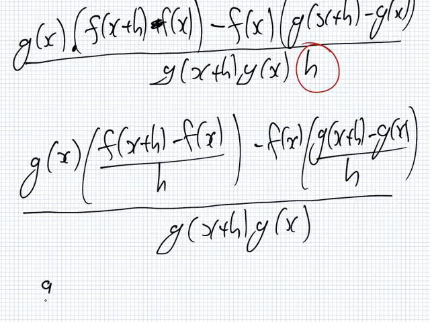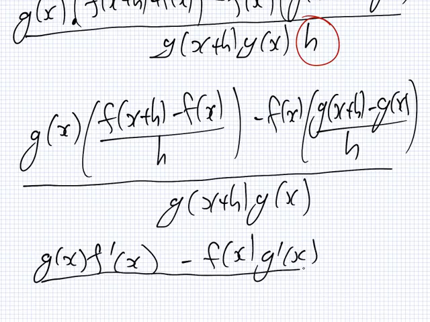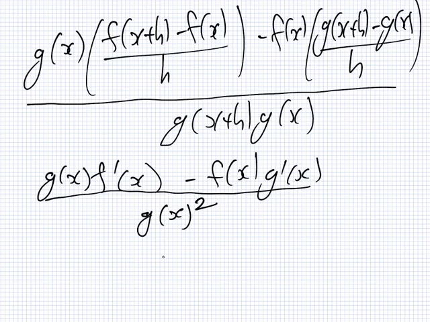So this becomes g(x) f'(x) minus f(x) g'(x), and what do we get on the bottom? g, when h is 0. Yes, thank you. g(x) squared. So we have our answer.